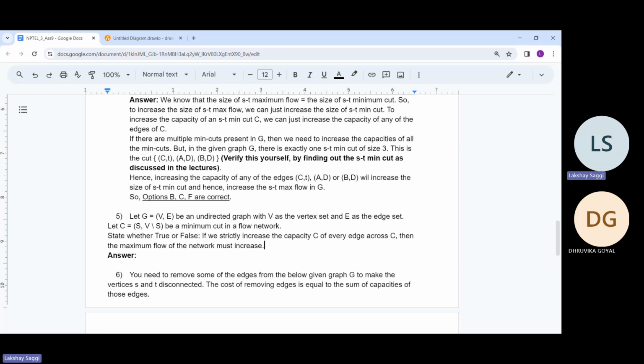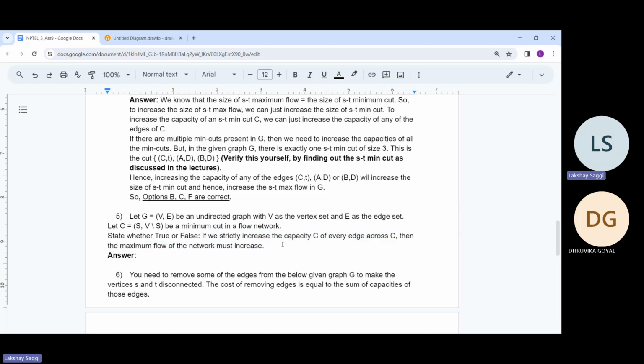Even if you don't know the correct answer, you can just tell me what you think, whether the statement should be true or false. You can just type anything if you want. Okay, so Dhruvika thinks that the answer should be true, that if we increase the capacity C of every edge across C, then the maximum flow of the network must increase.